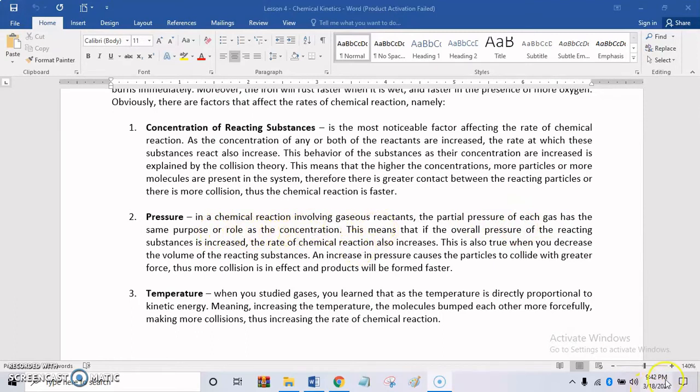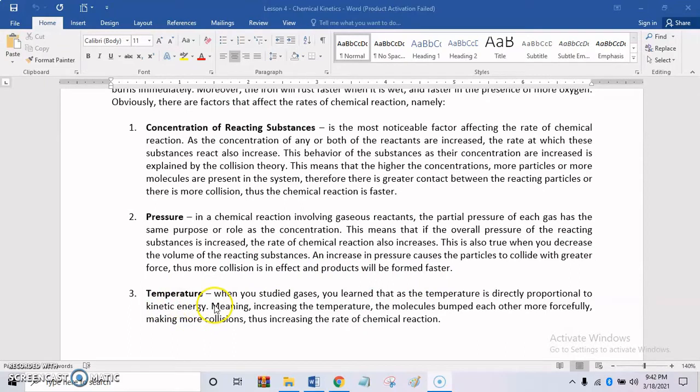This means that if the overall pressure of the reacting substances is increased, the rate of chemical reaction also increases. This is also true when you decrease the volume of the reacting substances. An increase in pressure causes the particles to collide with greater force, thus more collisions occur and products will be formed faster.